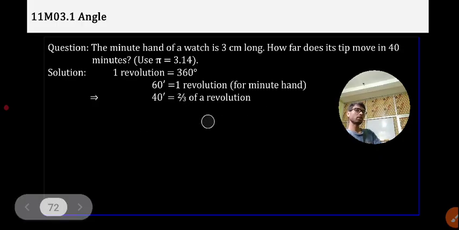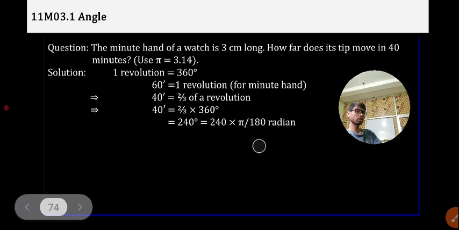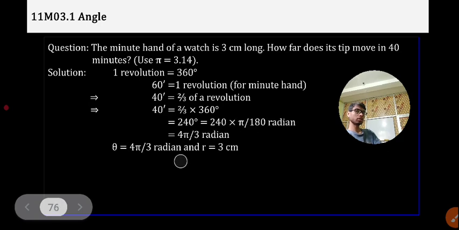For 40 minutes it would be 2 upon 3 of a revolution. Then we will put the value of 1 revolution as 360 degrees. This much came as radian.